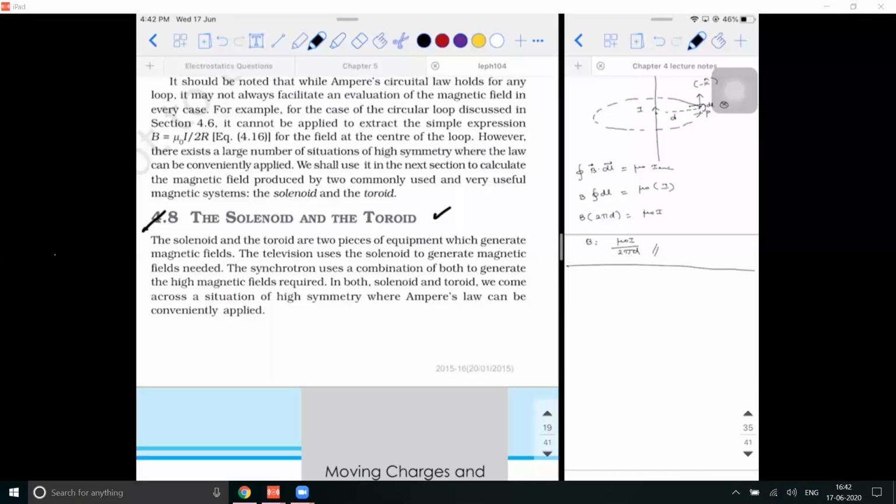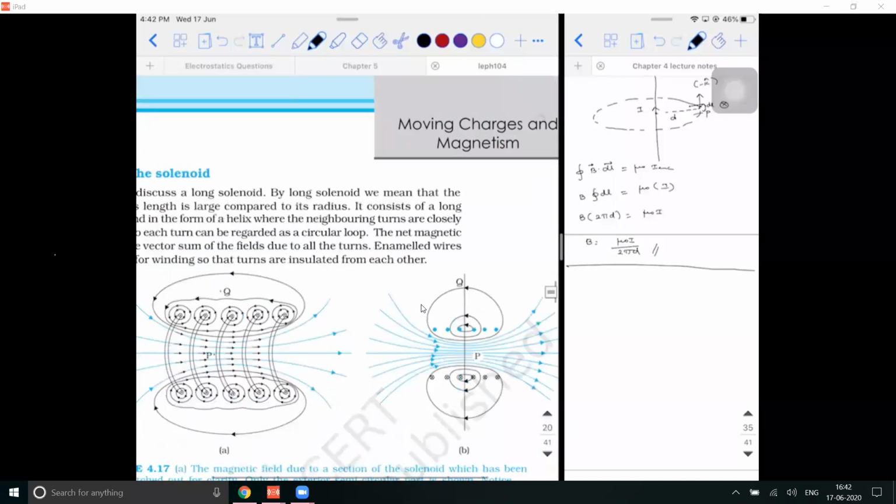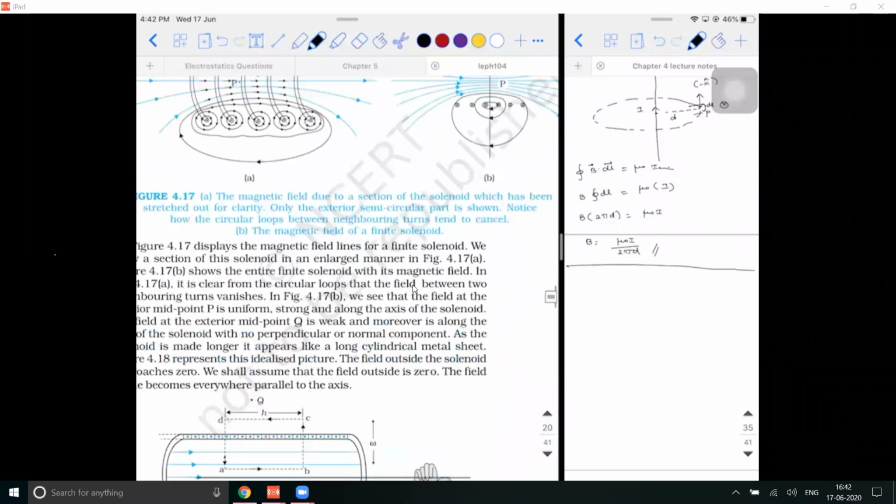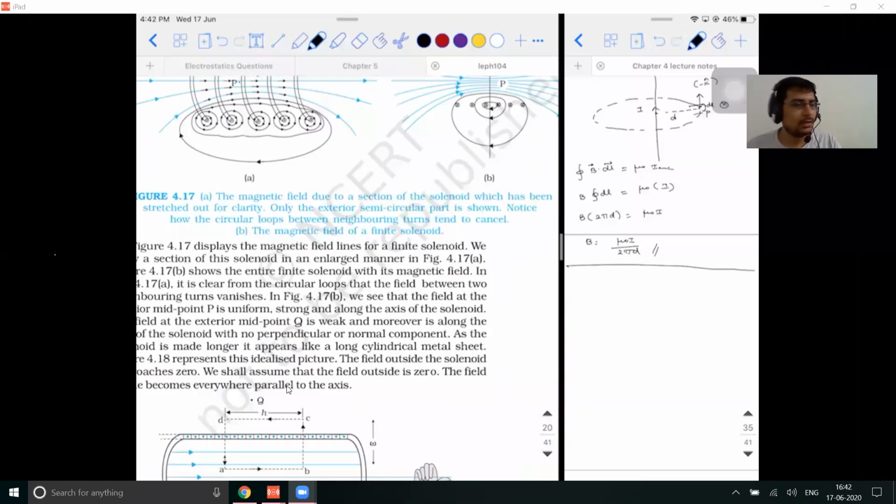So let me explain what a solenoid is. Observe. See, when I take a material and take a wire and wind it around it, if I wind the wire around this material in a helical path, like this, then that particular device is what is called a solenoid.